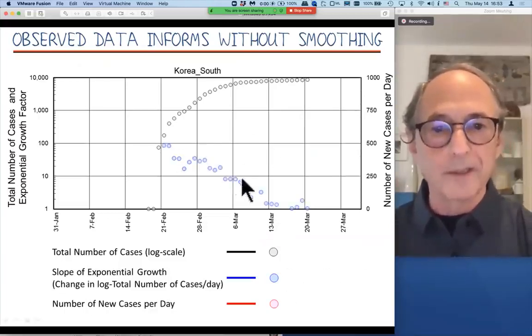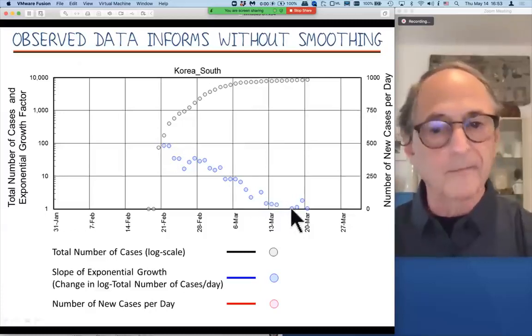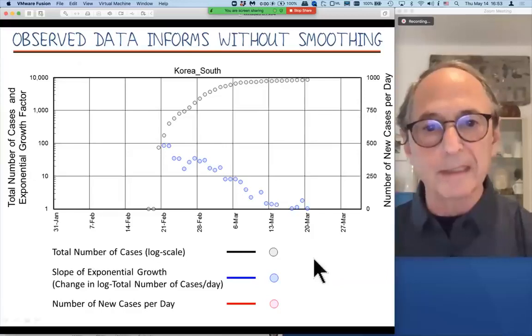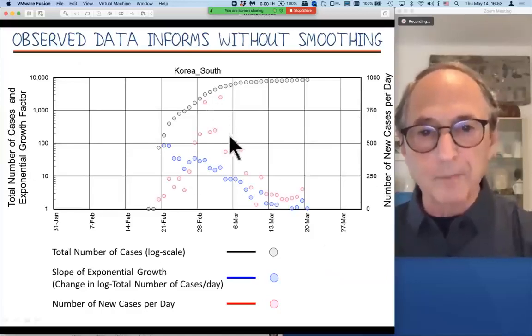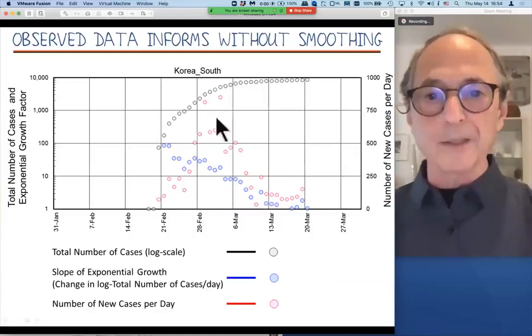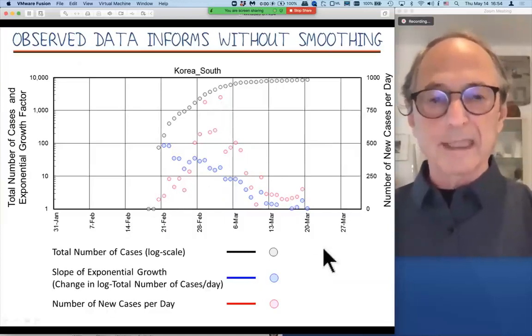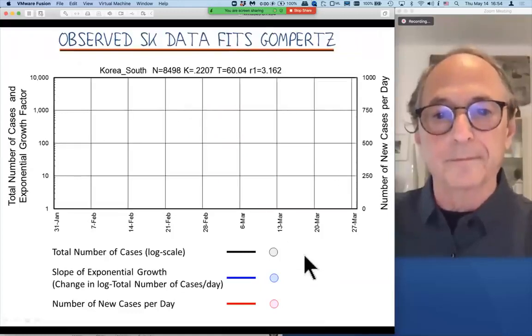Wow, it's going down like a straight line. Remember the Gompertz function? Finally, the number of new cases, shown on this axis on a linear scale. This is very noisy because the number of new cases is taking 2 values of the total cases and subtracting them. But again, it goes up and comes down. So on the next slide we'll try to fit this function.